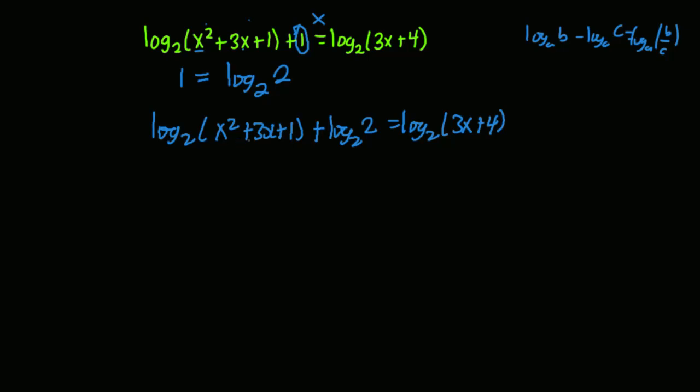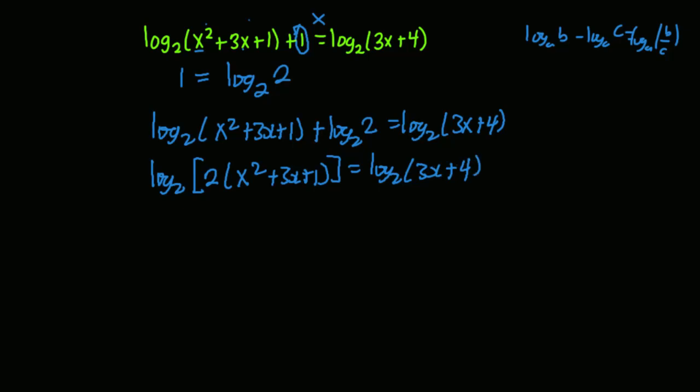Because we are adding, it means that we can multiply. So you get log 2 of 2 will multiply x squared plus 3x plus 1, and this is equal to log 2 of 3x plus 4.